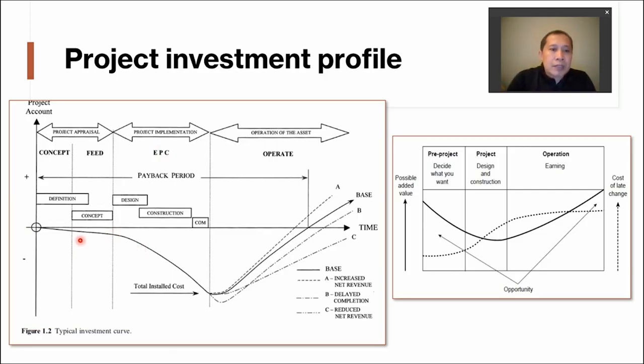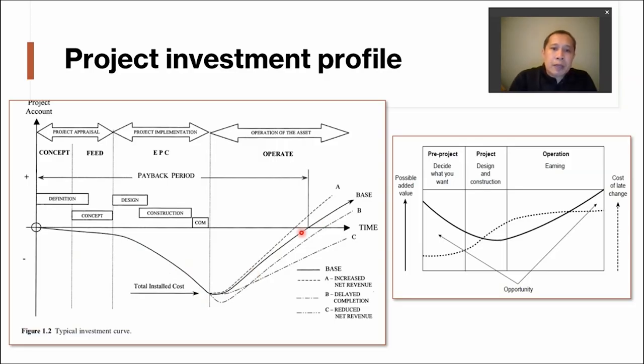This is why the curve is negative, because this plot tells you the cash position of the project. Negative means the project is still burning money, it's not profitable yet. And then this is the operation phase. You see that the curve starts to go up, which means that the project starts to generate income and profit for the company.